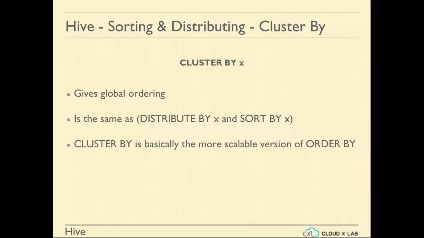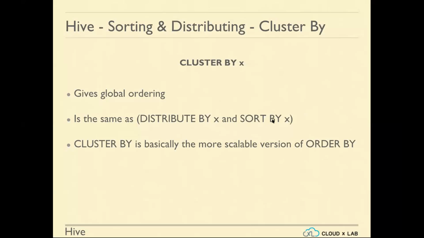It is equal to distribute by X and sort by X, meaning you define the partitioners the way we defined earlier, a partitioner of our own choice such that all the elements in one file are lesser than the elements in the next, and so on. Similarly, you could use distribute by and then sort by.